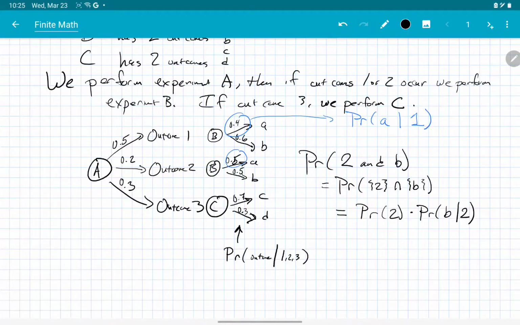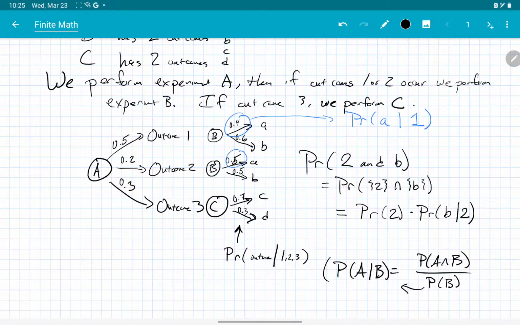Instead of calculating the probability of B conditioned on 2 occurring, we're going to use that conditional equation, which I'll write down here again, perhaps we've forgotten it. Probability of A given B is the probability of A intersect B divided by probability of B. If we move that probability of B over to the other side, we would get a way to compute the probability of A and B. And that's what we're doing here.